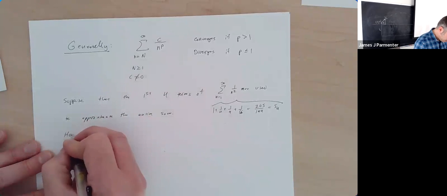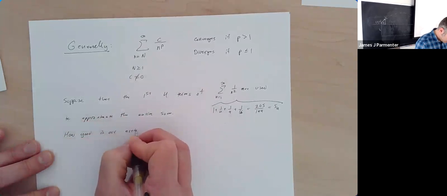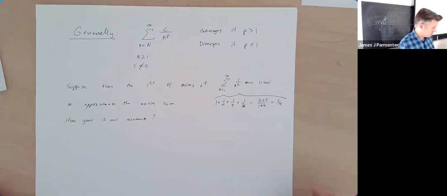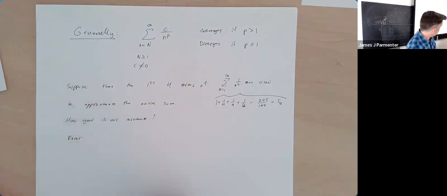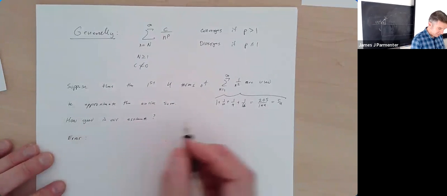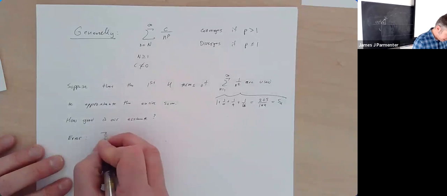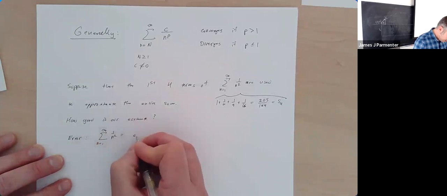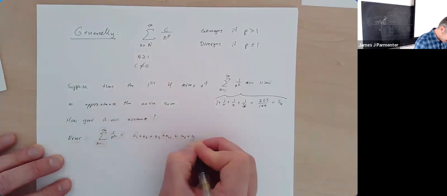How good is our estimate? Or in other words, what's the error? Well, we can bound the error. If I'm using the first 4 terms, I think I should write this out. The sum from n equals 1 to infinity of 1 over n squared is a1 plus a2 plus a3 plus a4 plus a5 plus a6 forever and ever.